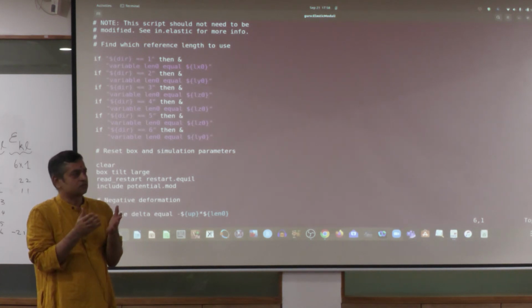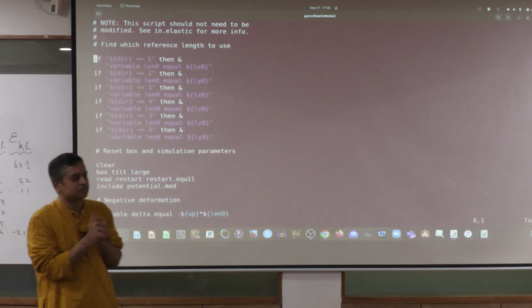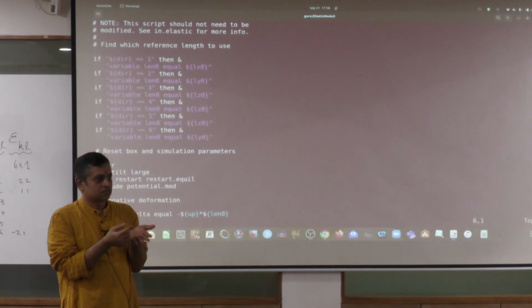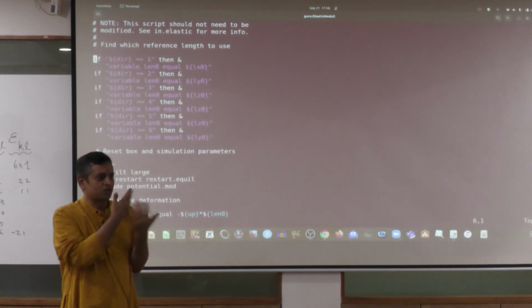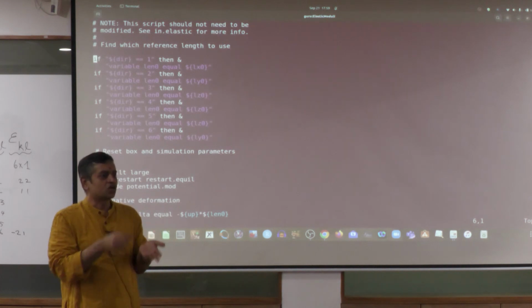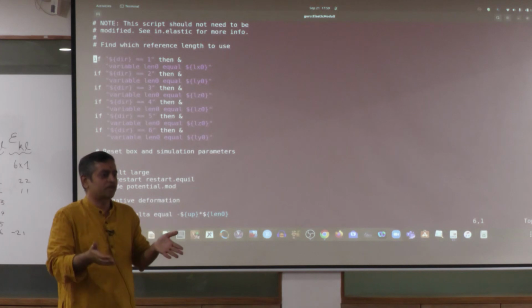The other way to think about it is how much is the elastic energy if I give some strain? Half k is half C11 in this case, or C12 depending on what you are giving, and the epsilon is whatever you are giving as the strain, squared, right, delta. So, half C11 delta squared will basically give me the energy, which I can evaluate from MD. I give this displacement, I calculate the energy.